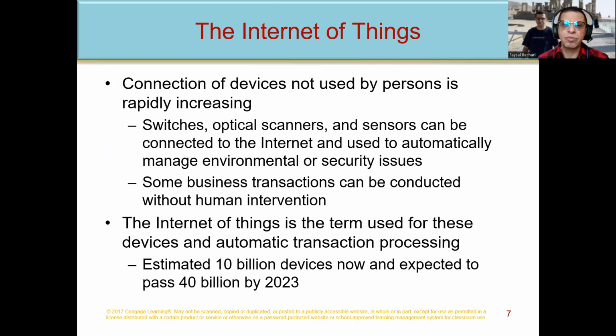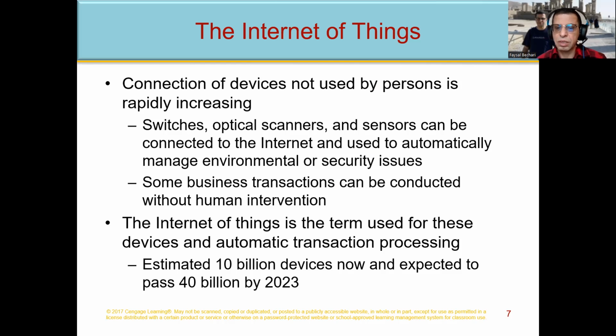It's also rapidly increasing, like switches, optical scanners, and sensors that can be connected to the internet and used automatically, for example to manage environment and security systems. We can see lots of examples around us. Some business transactions can also be conducted without human intervention, like AI, artificial intelligence, which is going pretty deep in that.